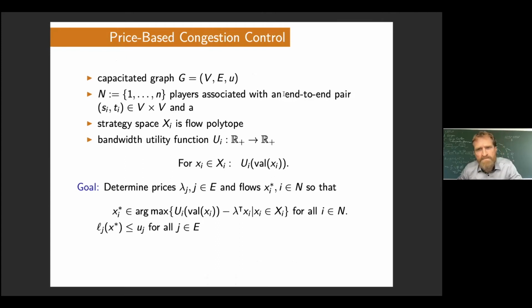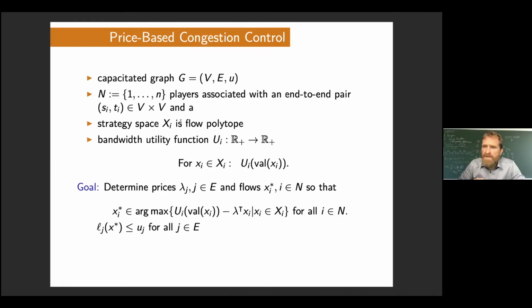And this model works as follows. The communication graph is again a directed graph, vertex set V, edge set E, and then edges have capacities U. Players are associated again as commodities, end-to-end pairs, start vertex S_i and the sink vertex T_i. And the strategy space is now the flow polytope.